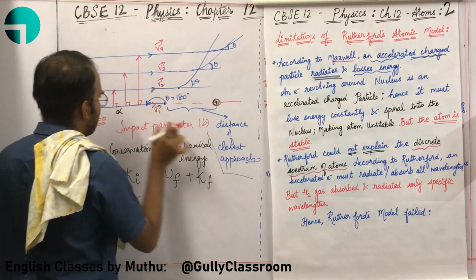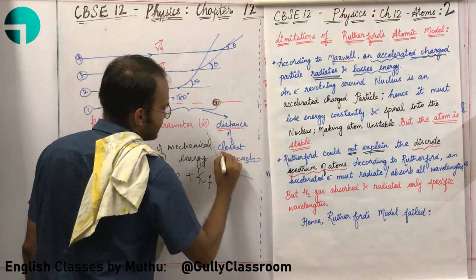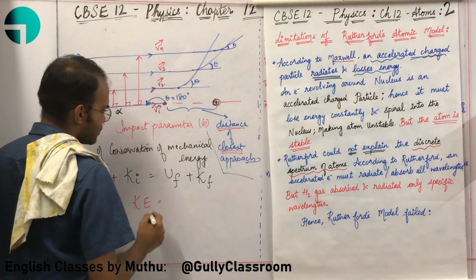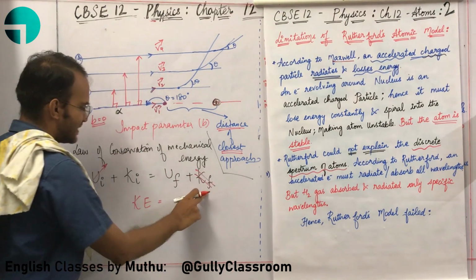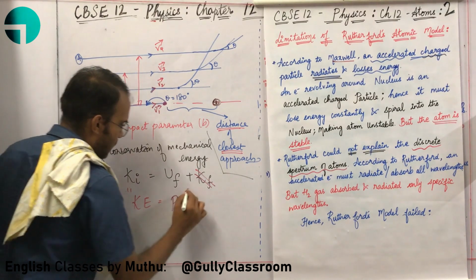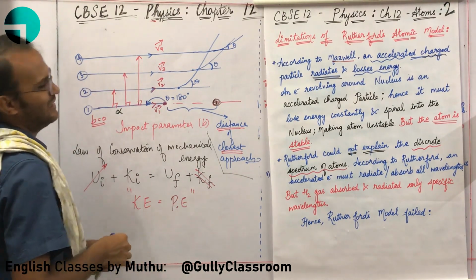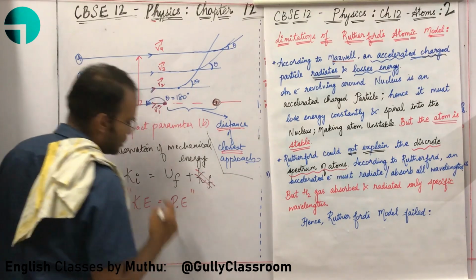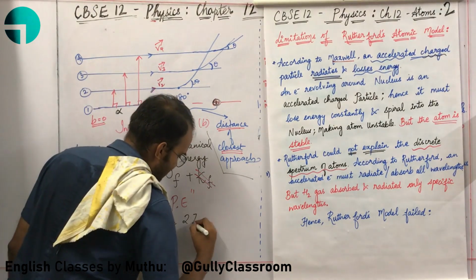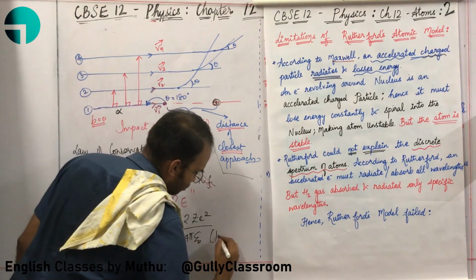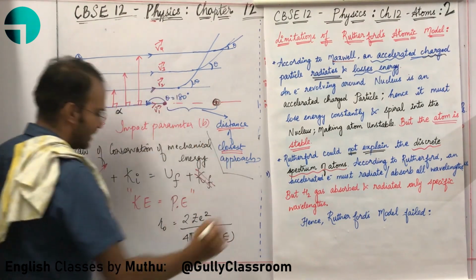Once the alpha particle has reached the distance of closest approach, it has no kinetic energy. All its kinetic energy has been converted to potential energy. Using this idea, we derived the relation r naught is equal to 2 Z e square times 1 divided by 4 pi epsilon naught into kinetic energy.